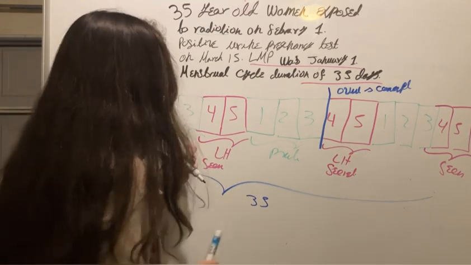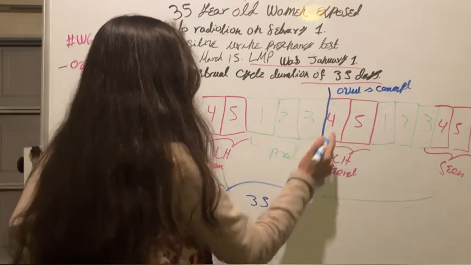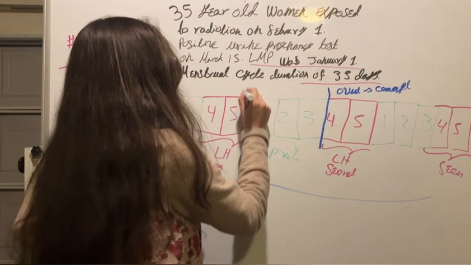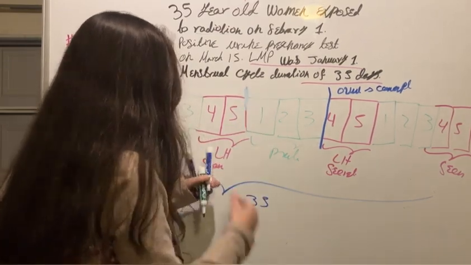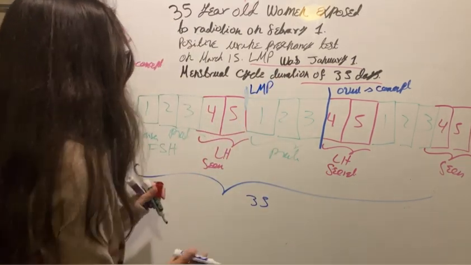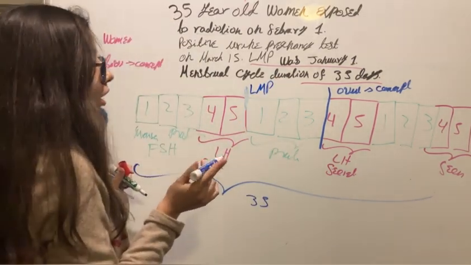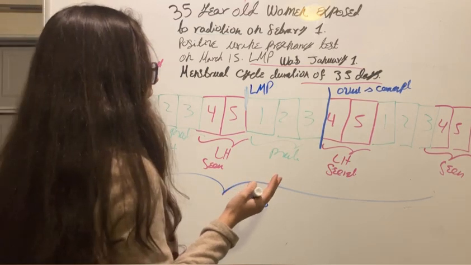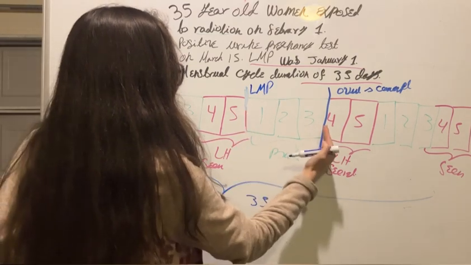So if this was the conception date, this is the last menstrual period. And so how many days apart is the last menstrual period from the conception date?